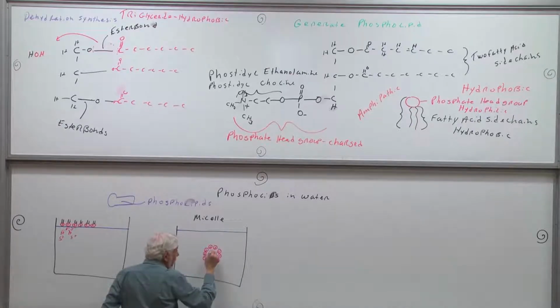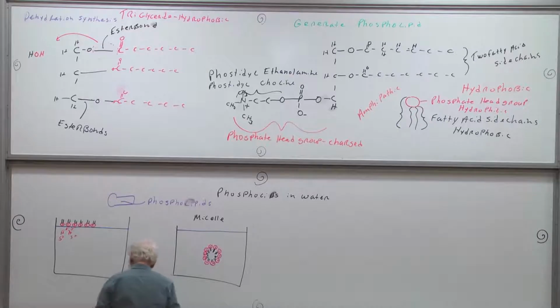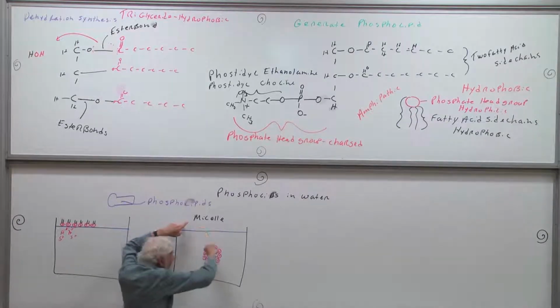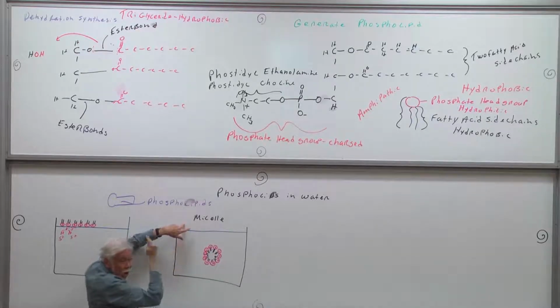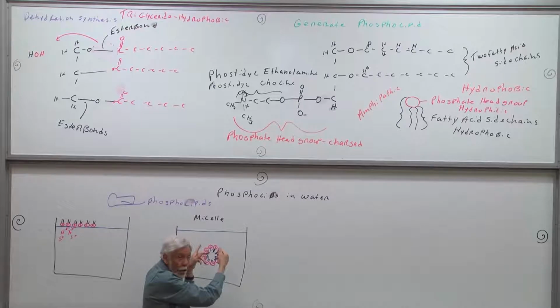Each of these has its two fatty acids, and they're pointing inward. So fundamentally, a micelle is a single layer of phospholipids. The head groups are pointing out to the water, and the tails are pointing inward.